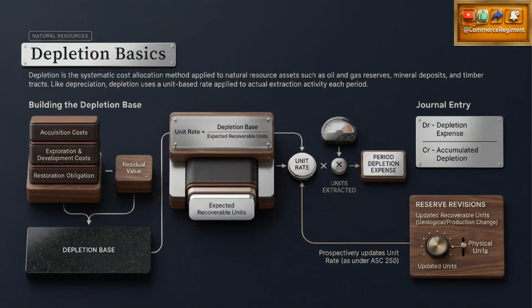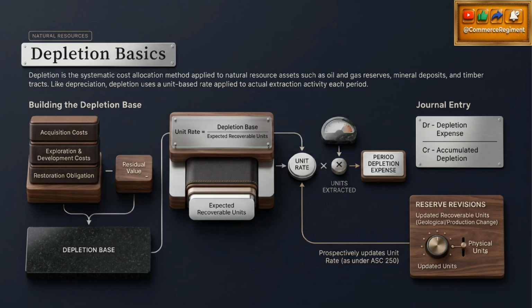Depletion is the cost allocation method for natural resource assets such as oil and gas reserves, mineral deposits, and timber tracts. The depletion base may include acquisition cost, capitalized exploration and development costs, restoration and reclamation obligations, less residual value.